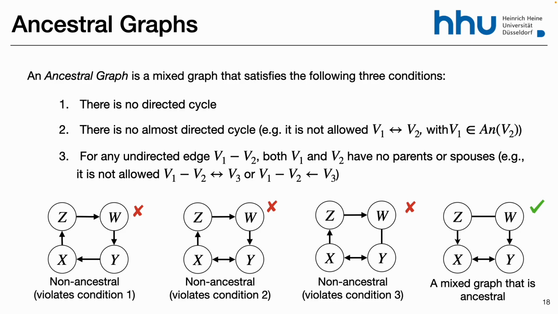So almost cycles are a problem because of this interpretation of the model. Cycles is just because, as before, we were not allowing cycles. And the undirected edges, they are going to represent selection bias. And I'm going to explain later why this can be a problem.